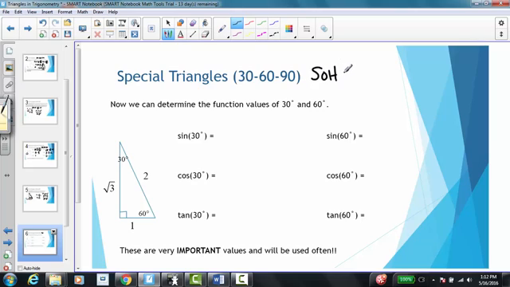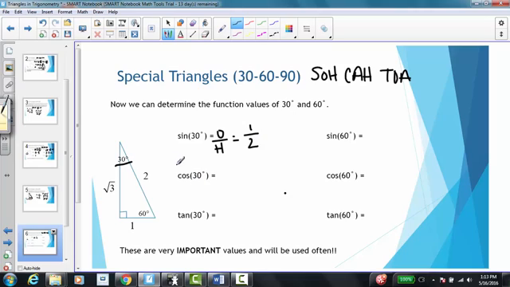So I'm always going to start off using SOHCAHTOA. All right, so we're looking for the sine of 30 degrees. So here's my 30-degree angle. Sine is opposite over hypotenuse. So opposite is 1. Hypotenuse is 2. So the sine of 30 degrees is 1/2.